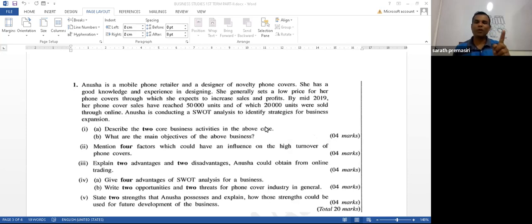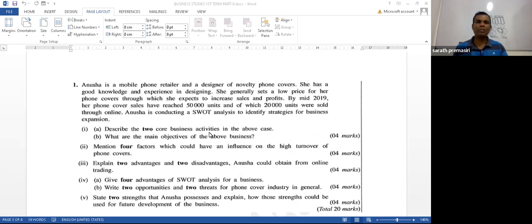Second one is value addition to resources. See how you answered this question with regard to this paragraph. It is related to the business studies subject, theoretical part. When you answer this question, you have to answer based on the given paragraph. Understand? Now, look at the answer here.